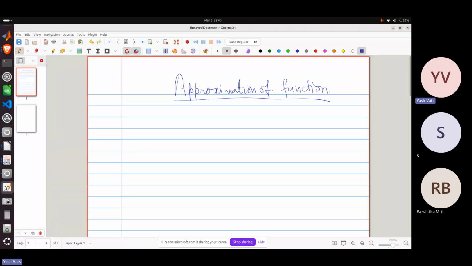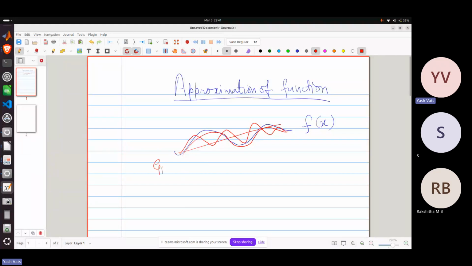If you are given a kind of complicated function, something like this, which is f of x, how would you approximate it using a linear curve or this type of curve or a very smooth curve? There are different ways you can do that, depending on the values of f.